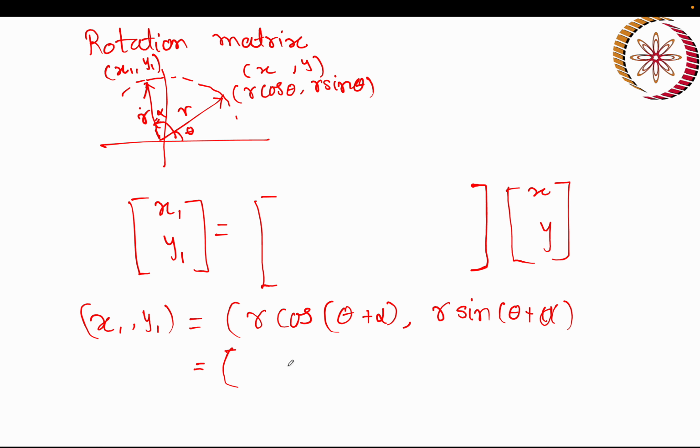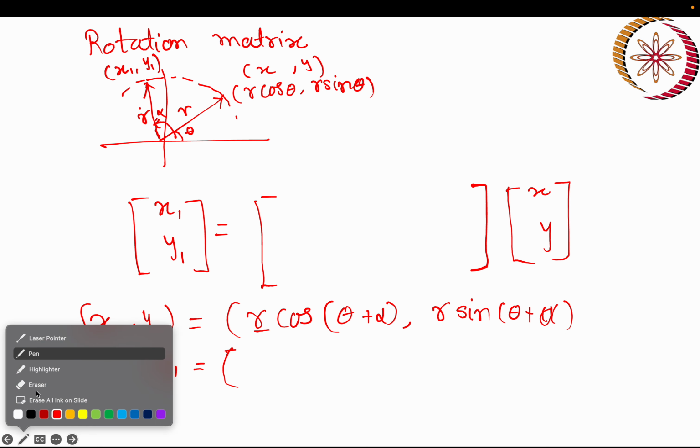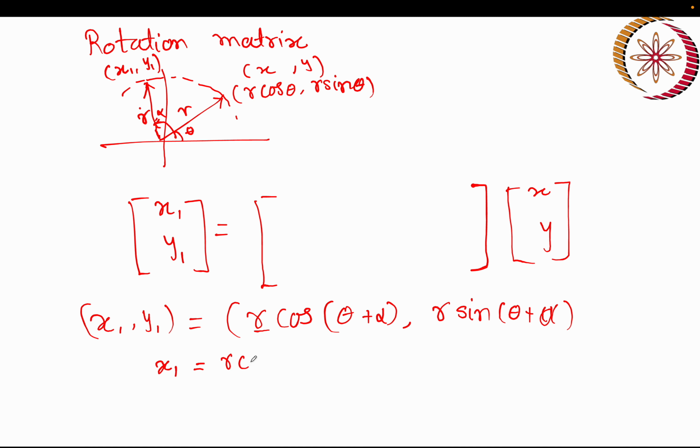If we expand this, x1 is equal to r cos theta cos alpha minus r sin theta sin alpha. r cos theta is nothing but x, and r sin theta is nothing but y, so x1 is x cos alpha minus y sin alpha.